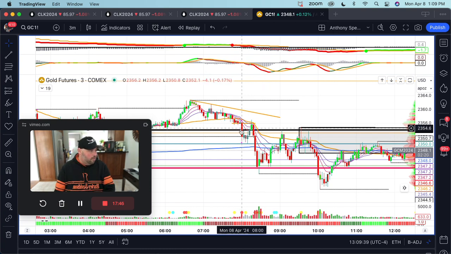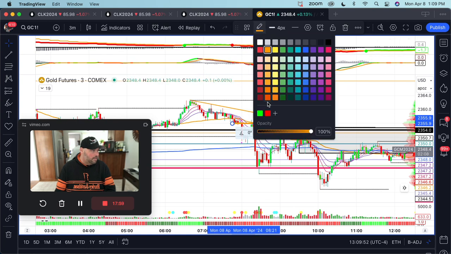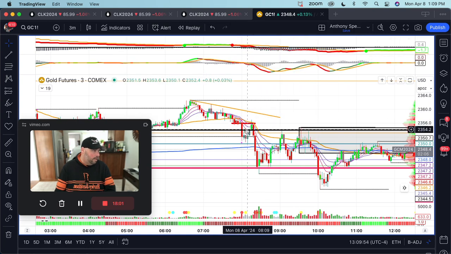So notice we take a break of this higher time frame resistance level, and I drew this line right here saying, hey guys, if we come back to this line and hold it, we're going to probably sell off.